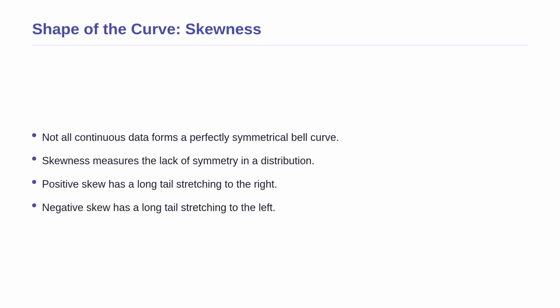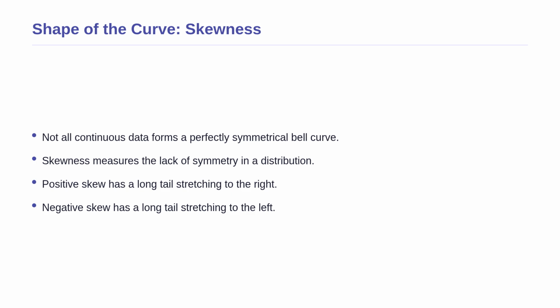The bell curve is an ideal model, but nature is not always perfect. Not all continuous data forms a perfectly symmetrical bell curve. Sometimes the data is pushed to one side. To describe this imperfection, biostatisticians measure skewness. Skewness specifically measures the lack of symmetry in a distribution.